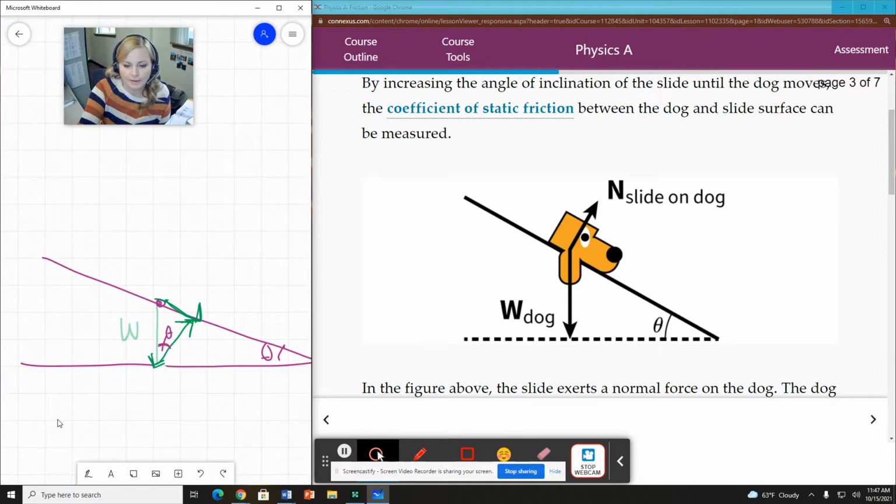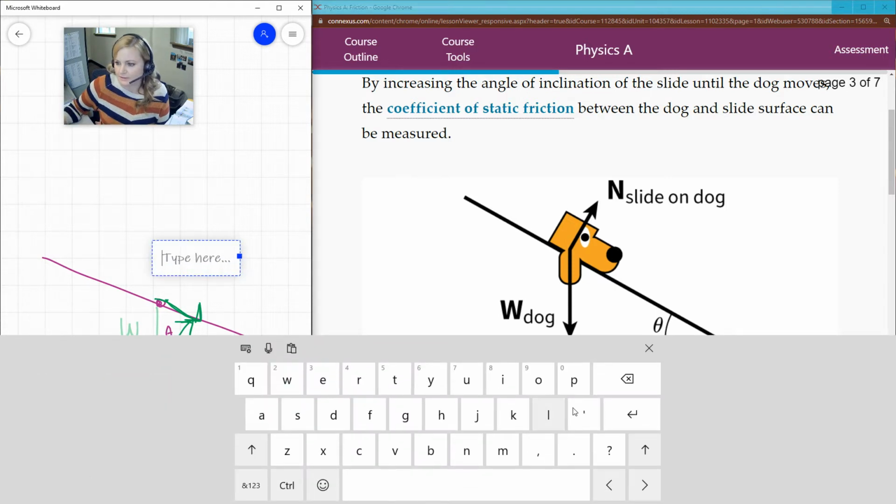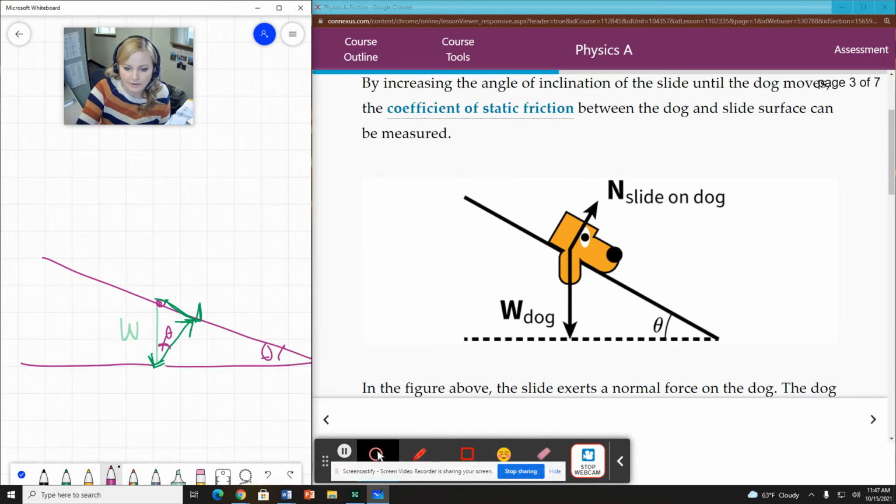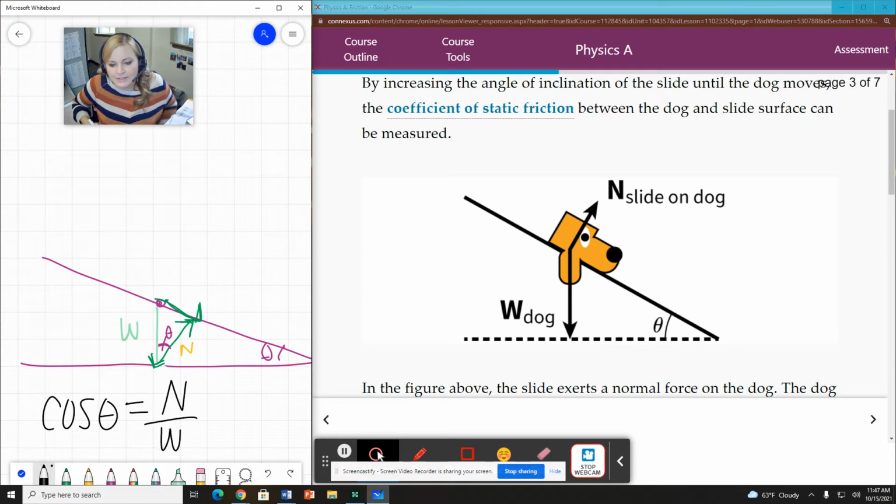So this component here, we'll call the normal force, right? The cosine of theta, this theta right here, is equal to adjacent, which is the normal force, divided by hypotenuse, which is the weight of this triangle.